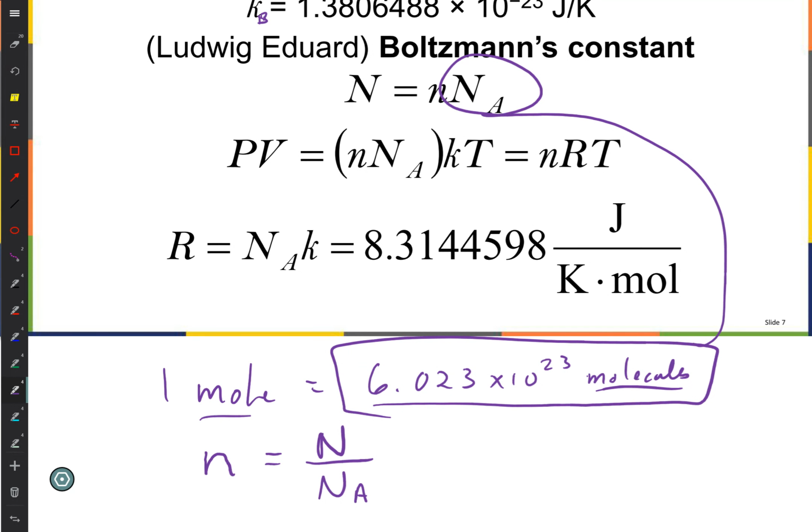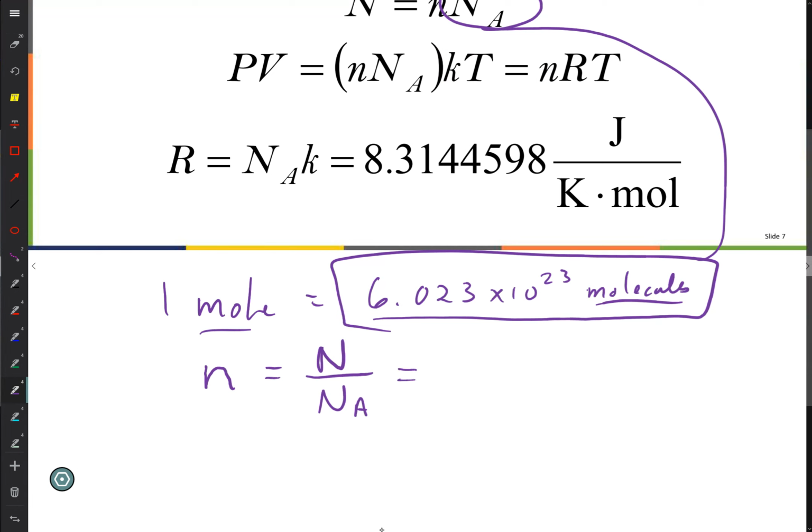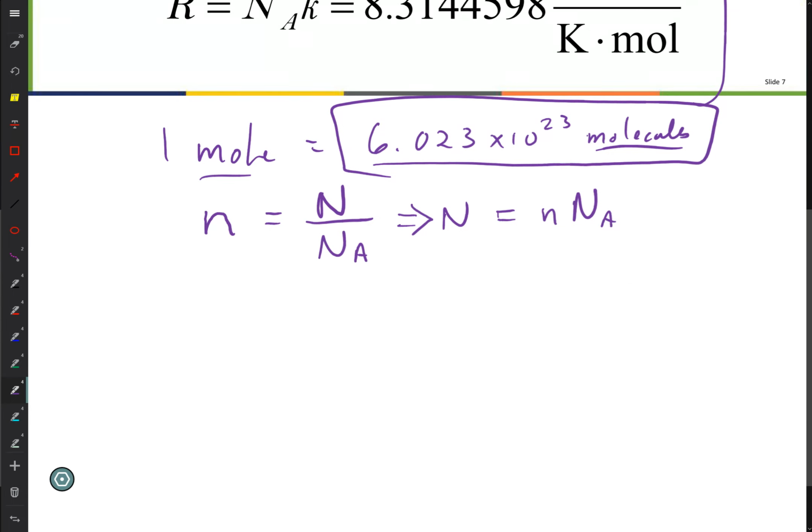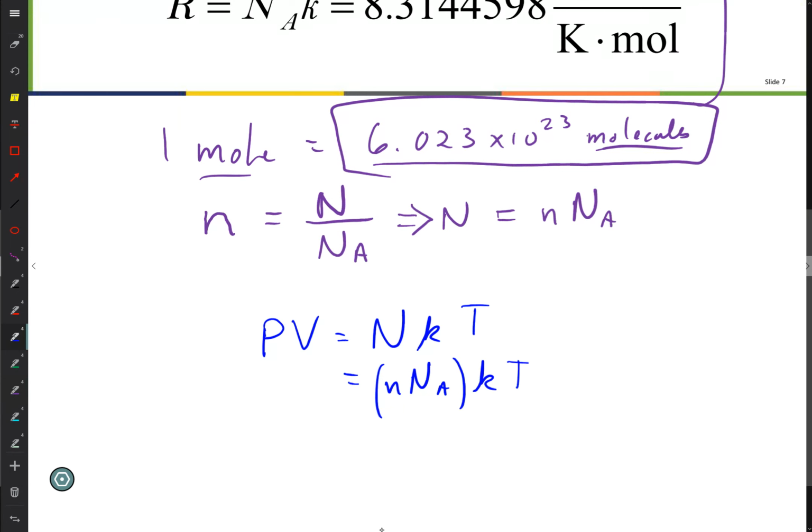If I plug this in and solve this for n, then put it into my ideal gas law, PV equals NkT, that equals... right, that's just rearrangement for the last line.